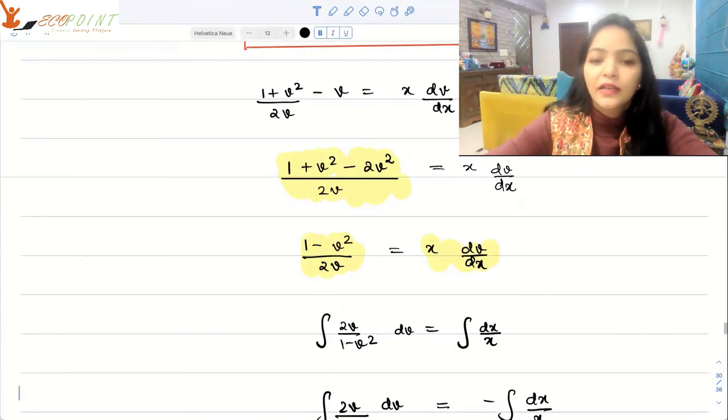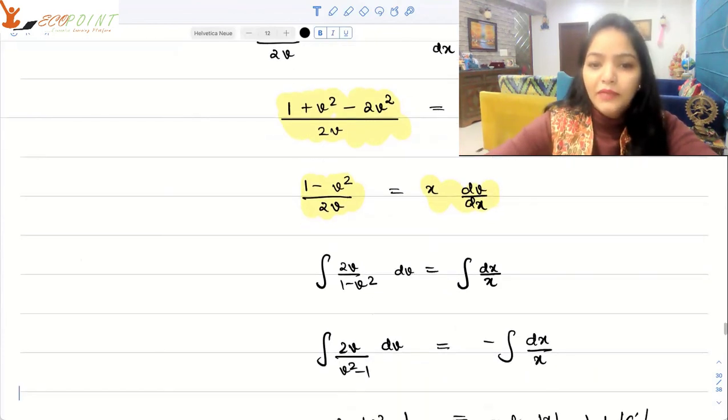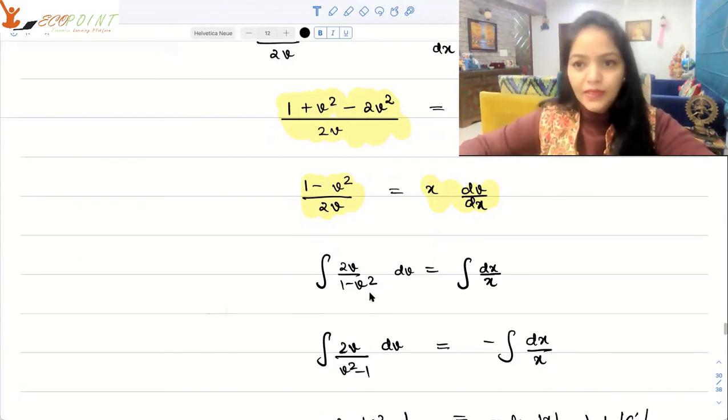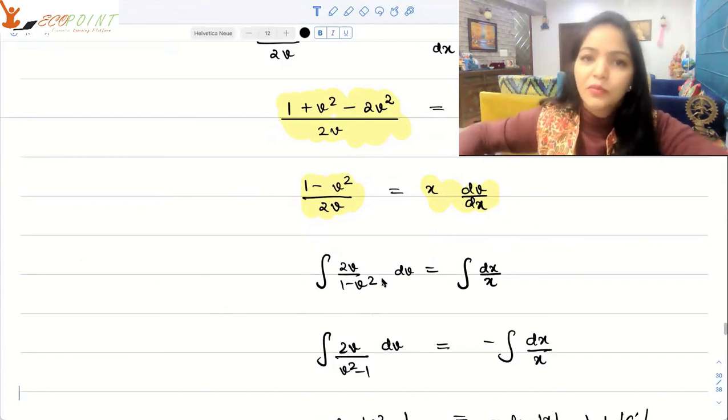Now, I'm going to change the sign first of all. I know that 2v is the derivative of v square. So to make my life simpler, I'm going to take the minus sign common, or in other words, multiply both sides by -1.